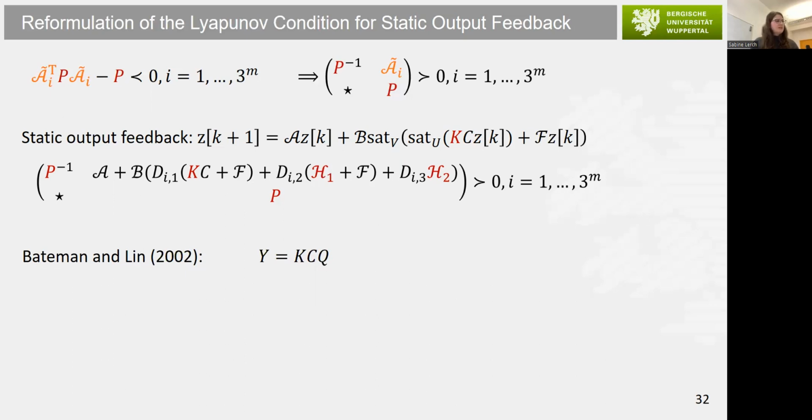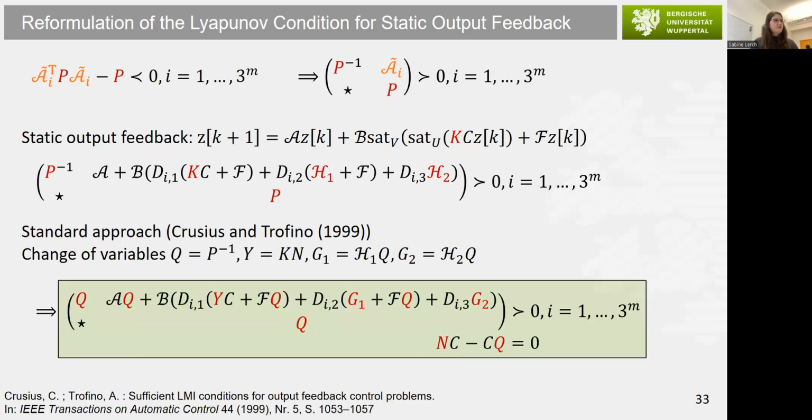But there's another approach from Crusius and Trofino, which we can use here, and then we get LMI conditions which are not so conservative. But these were the two simplest controller types of the list, and this already shows that we have to change the method itself for every kind of controller, and that is not convenient.